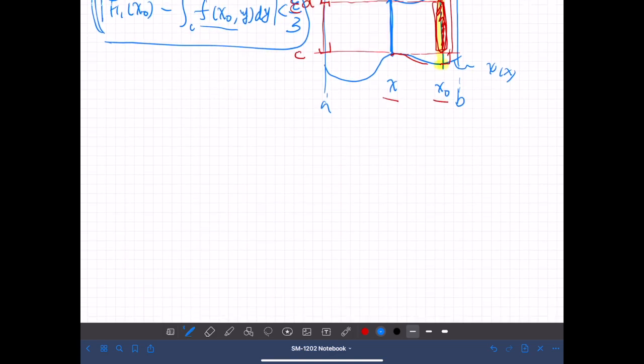Now, note that this function f of x, y is actually uniformly continuous on D, because we have seen that a continuous function on a bounded closed region is uniformly continuous on that region.